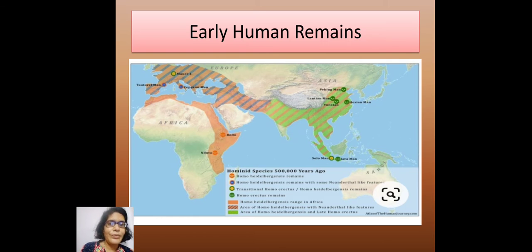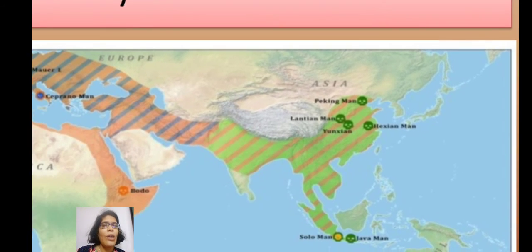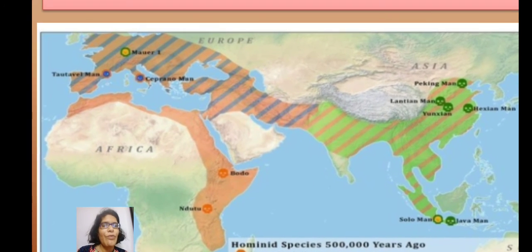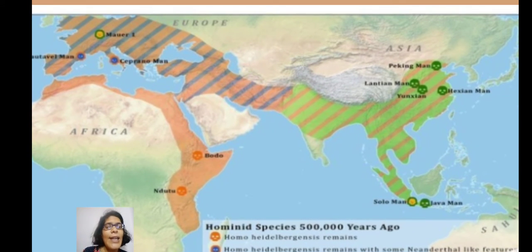Now see, early human remains, where we have found them. Actually, early human remains have been found all over various places of the world. I am showing you this map. See the shaded areas. It includes India, China, some parts of Africa, some parts of Europe. So all these areas had remains of early humans.